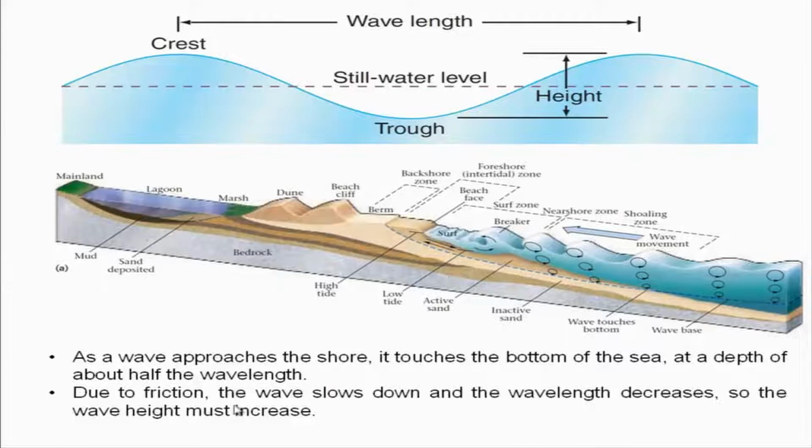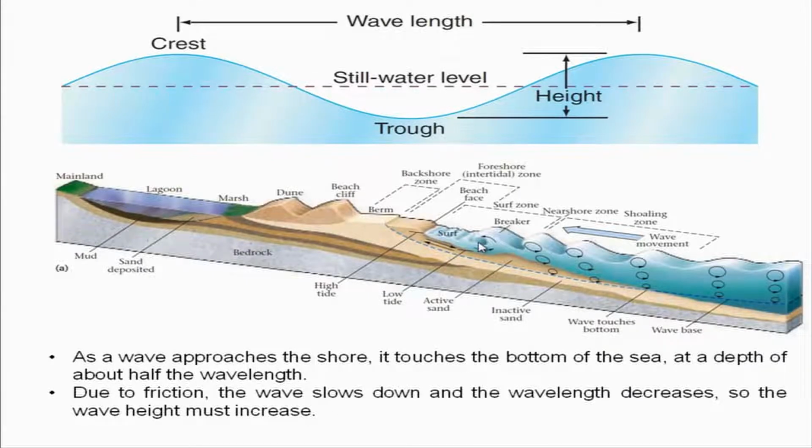This is due to friction, because when it approaches the coast, the depth decreases, and with the shallowness, the friction also increases. Due to the increase in friction, the wave slows down, the wavelength decreases, so the wave height must increase.